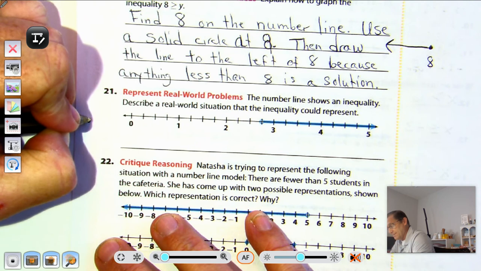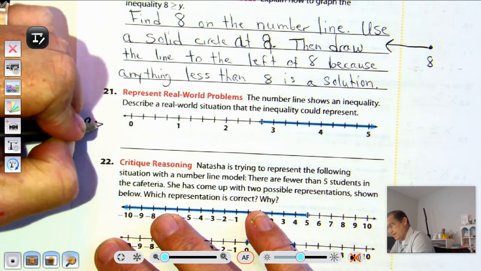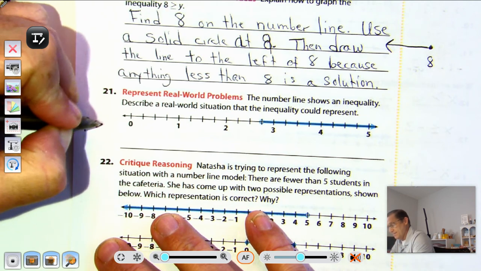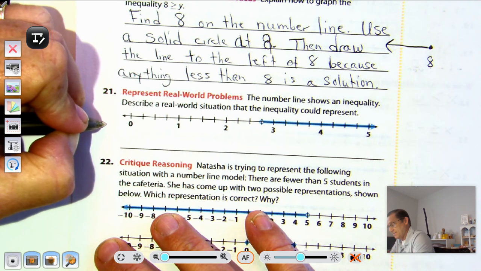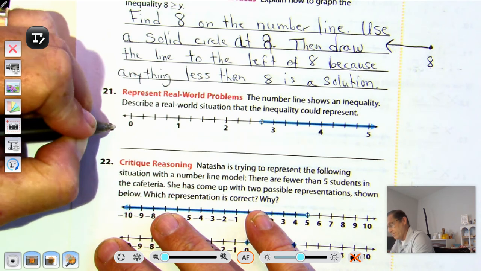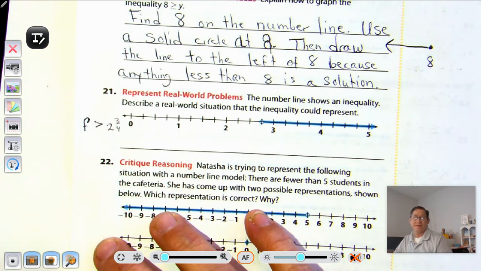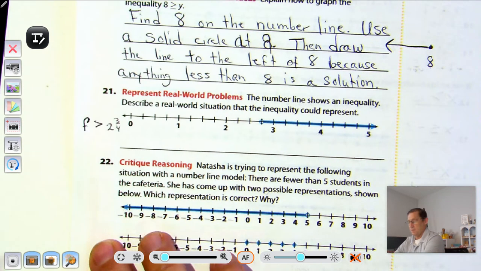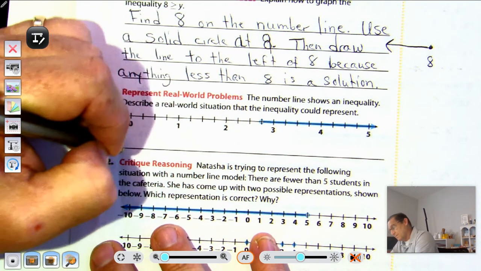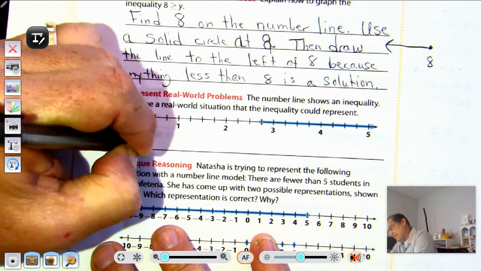Let's just write F has to be greater than 2 3/4, or 2.75. Okay. Maybe it's baking.